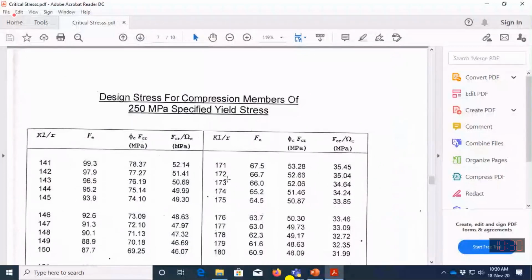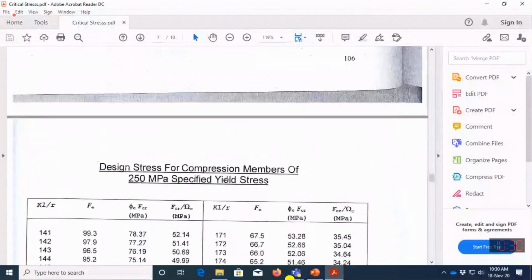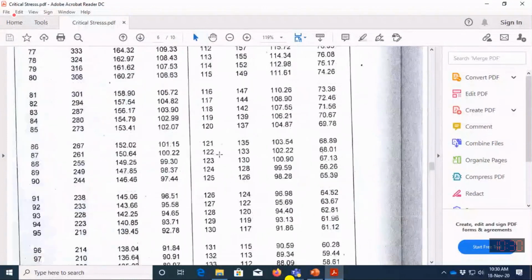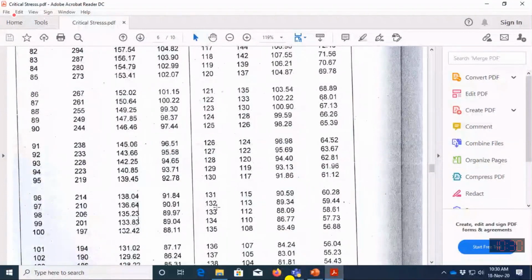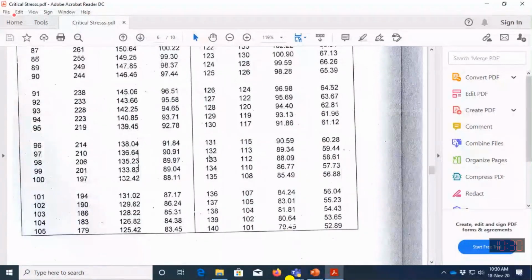Actually, for A36 steel, we have already seen that the critical slenderness ratio is 133. What is critical slenderness ratio? If the slenderness ratio is more than 133, our column will be regarded as a long column. If the slenderness ratio is less than 133, the column will be regarded as an intermediate or short column.